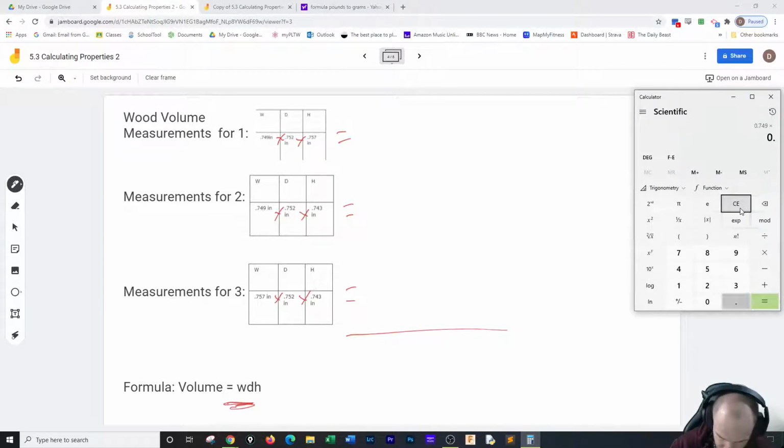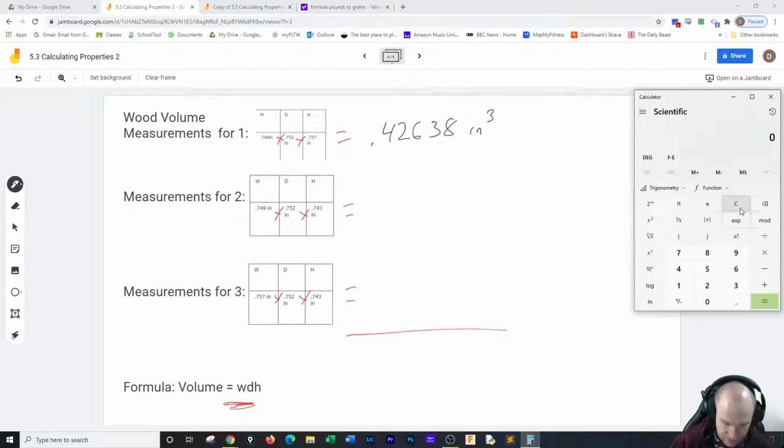So we get 0.749 times 0.752 times 0.757, which gives us a volume of 0.42638. That's probably more than I need to do.